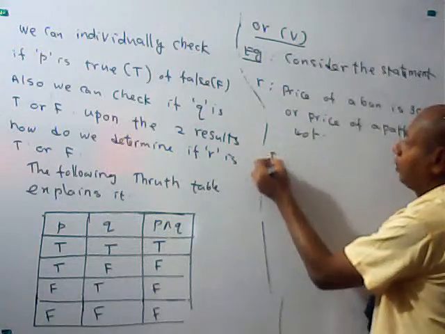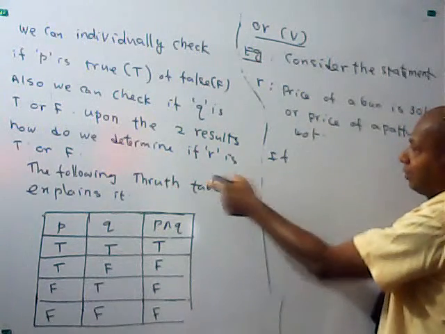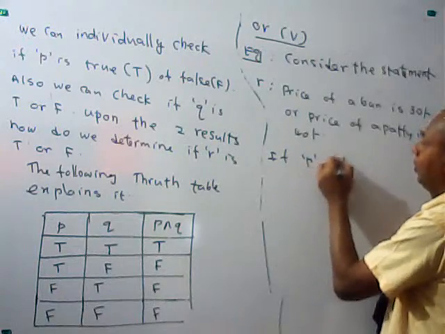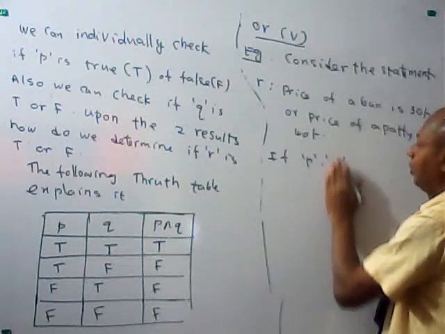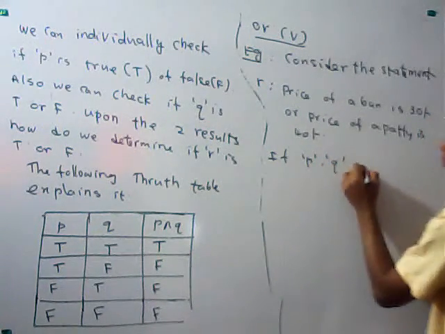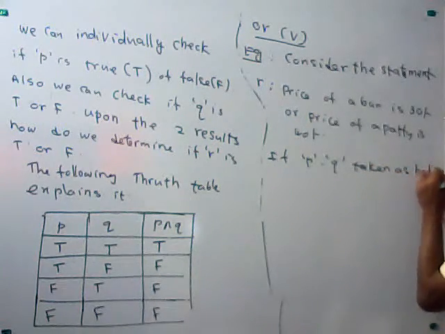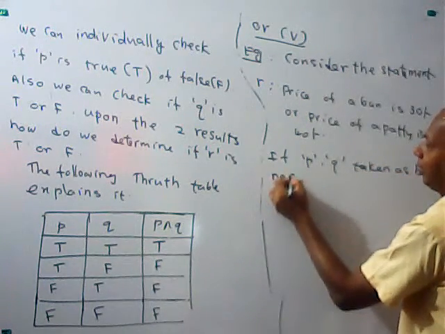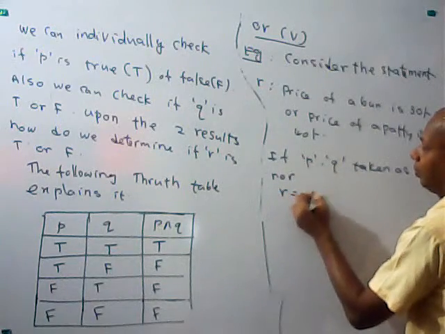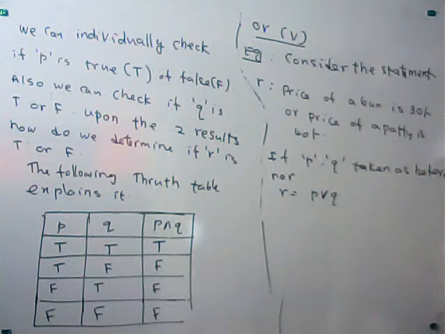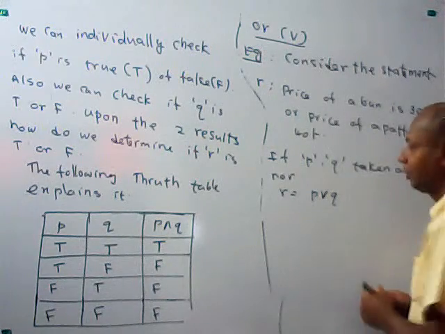If P and Q are taken as before, now your statement R is equal to P OR Q. P OR Q, right? Now, what is the truth table for this?